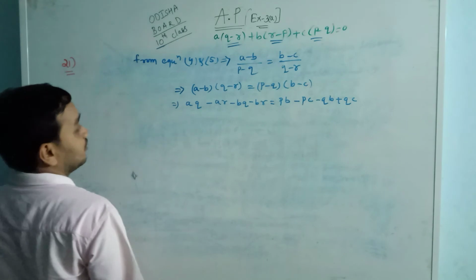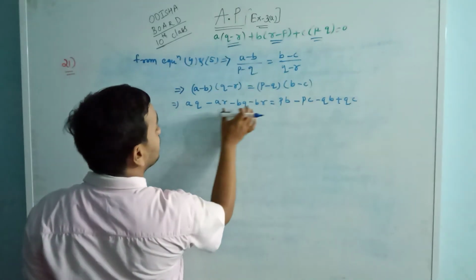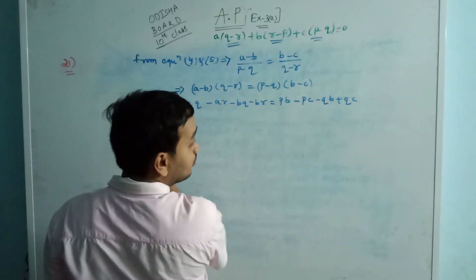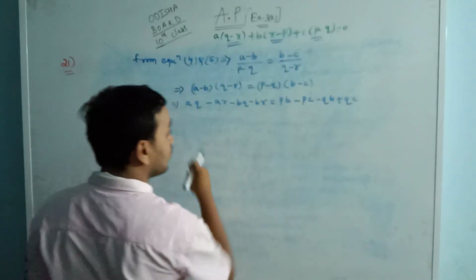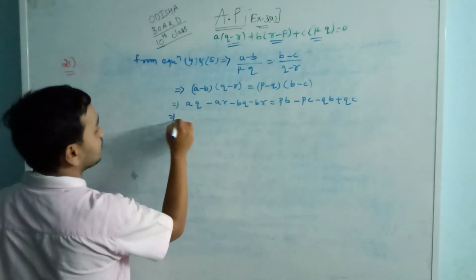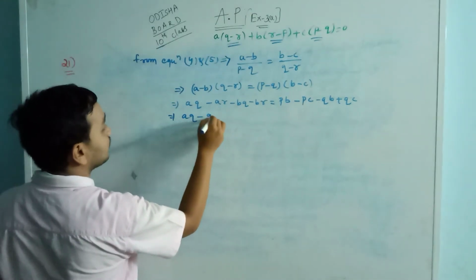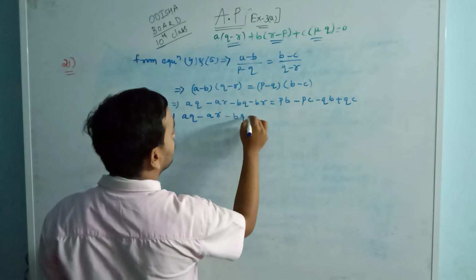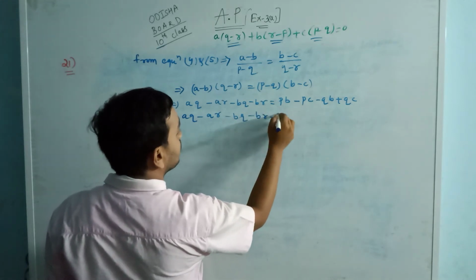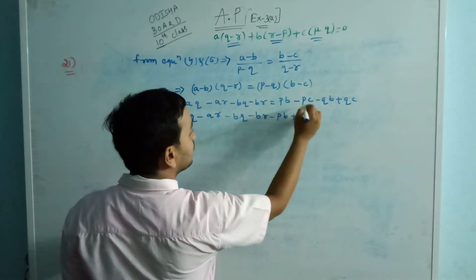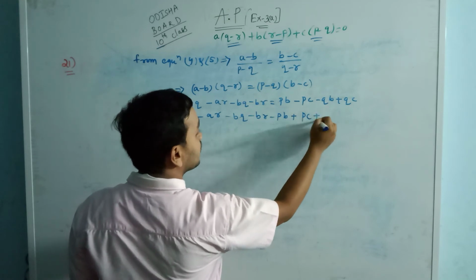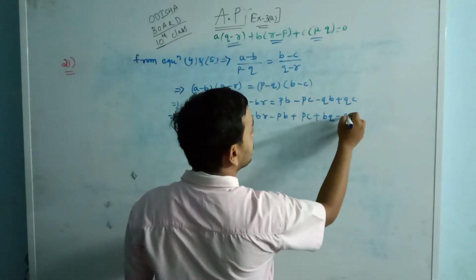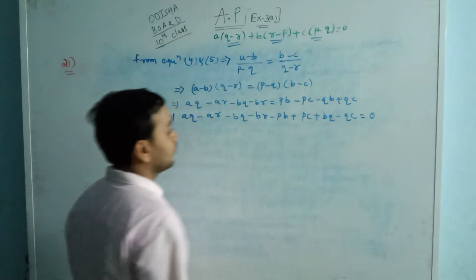Listen, this is aq minus r, bq, there is no bq, this is bq, will be cancelled. Okay, bring all to one side: minus bq minus br minus pb plus pc plus bq, minus qc is equal to 0.